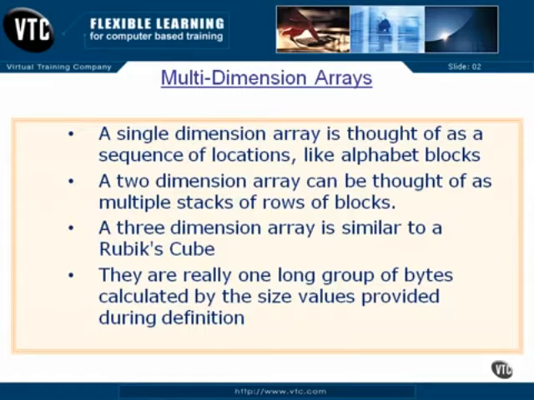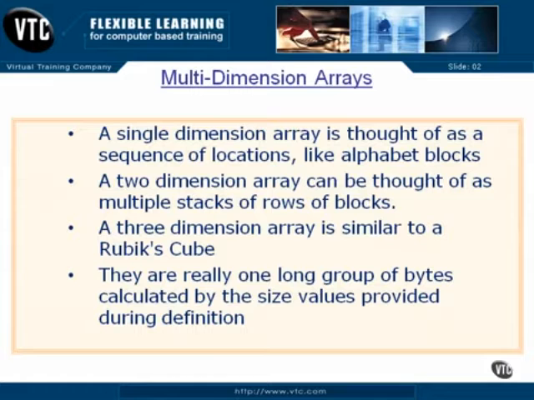A 2-dimension array, we already said, is like a spreadsheet, or can be thought of as a stack of rows of blocks. So you put another stack on top. Now we have a multi-dimensional array, but they still all have to be characters, or all integers, all floats, all doubles. We cannot mix up the data types, even though there are 2 different rows of data, because what's really happening is that these items are one long contiguous group of bytes in memory.